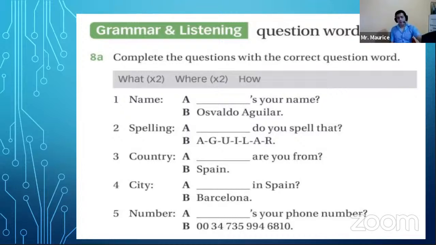Okay, I will need one single volunteer, just only one. I need a brave volunteer to complete the whole exercise. Very good, Mr. Alex Olguin. Thank you. Please, you start.